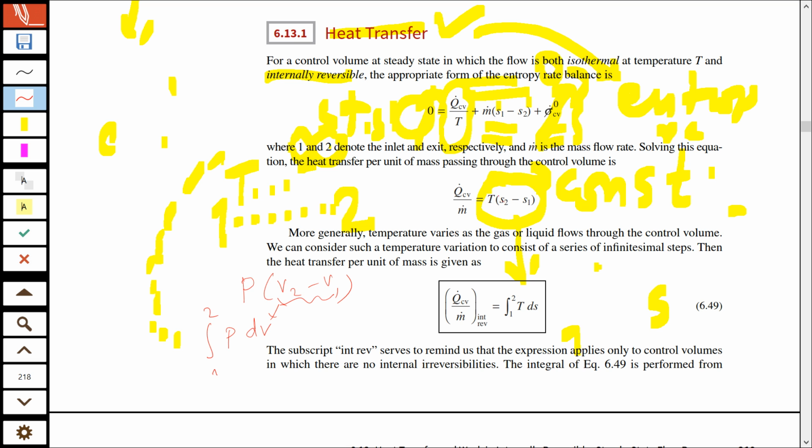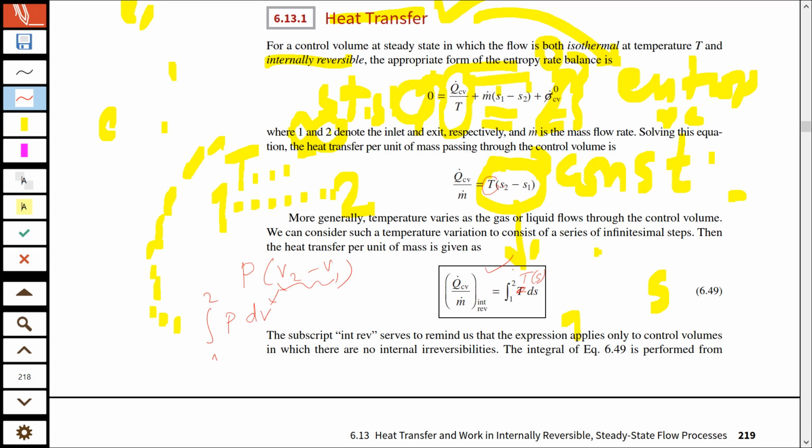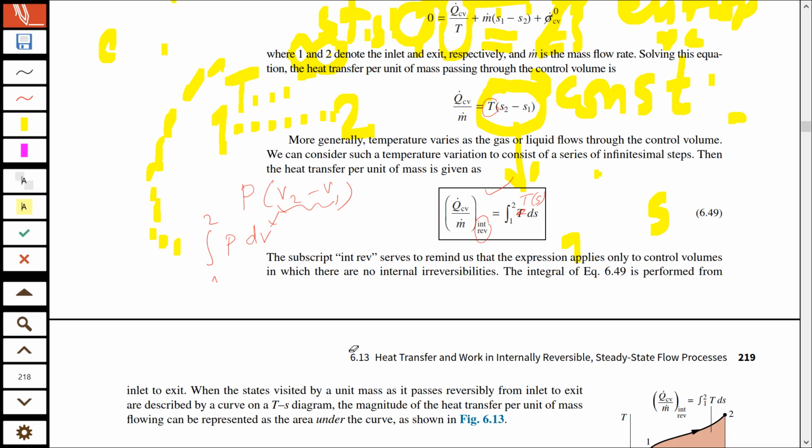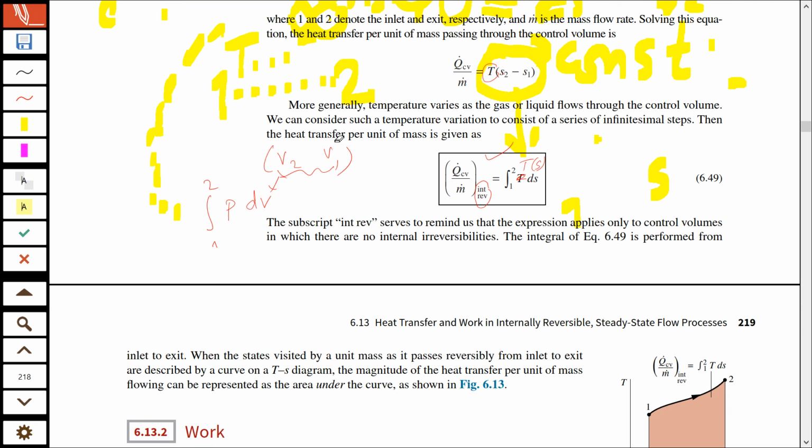Instead of S2 minus S1, because that's assumed constant temperature, you should see this as T as a function of S. But don't forget the internally reversible thing. Now, I want to compare how I started this section and how this equation is different.